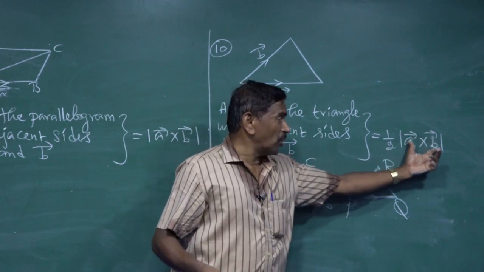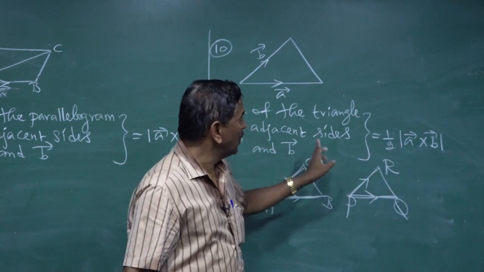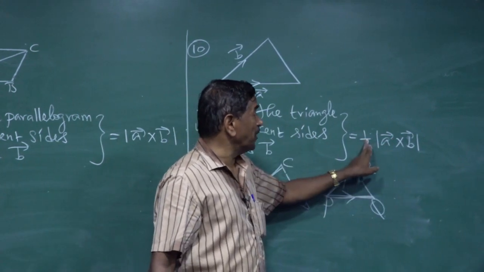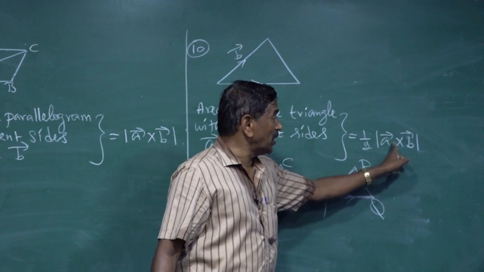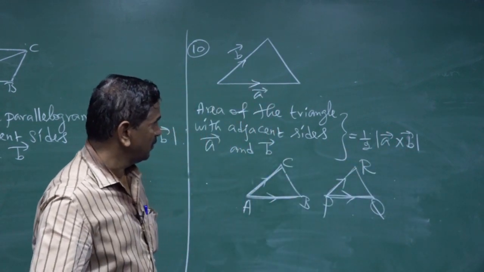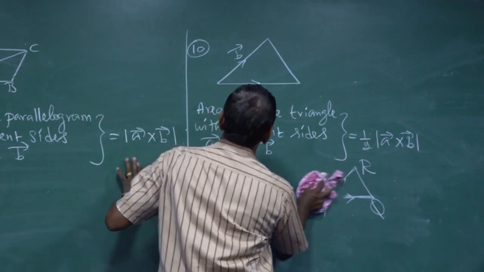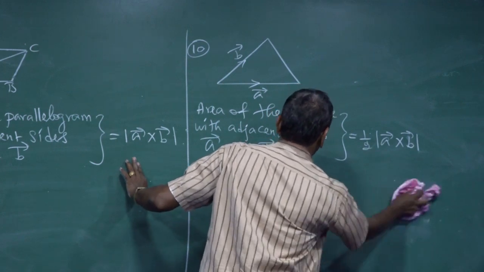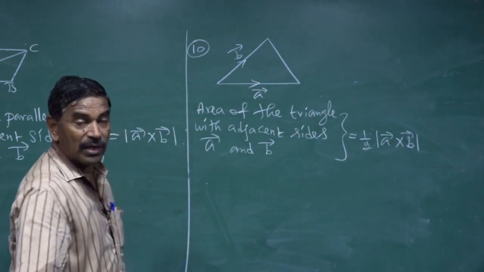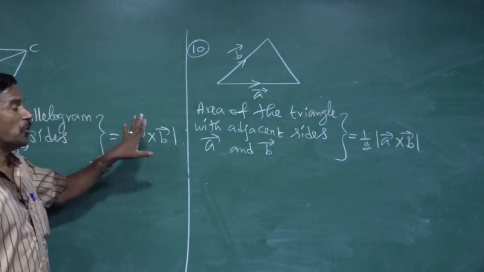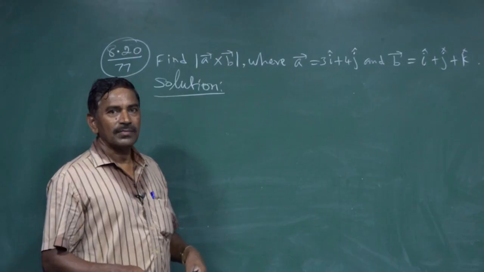That is, every time the modulus is important. So area of the triangle is nothing but half into the modulus of the cross product of adjacent sides. That's all. So 10 formulas completed. To learn exercise 8.4, it is enough to learn these 10 formulas thoroughly.